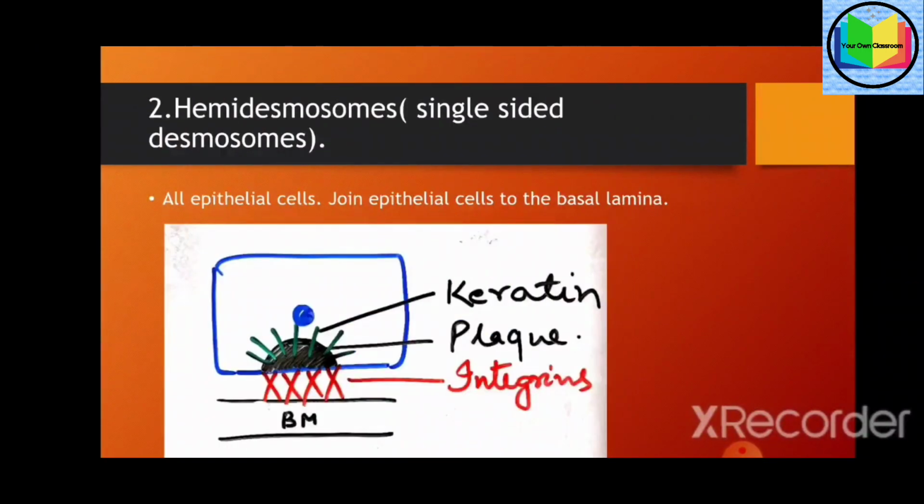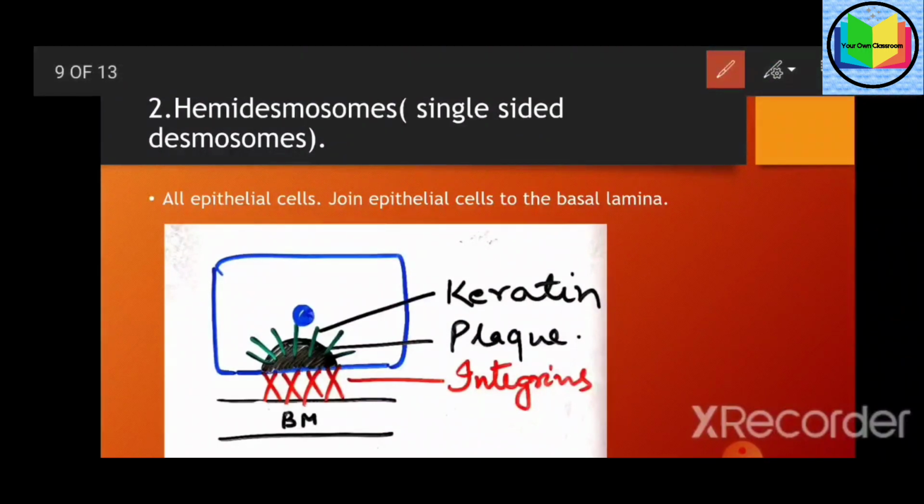Now we'll talk about hemidesmosomes. Hemidesmosomes are also referred to as single-sided desmosomes, and these are present in almost all the epithelial cells. They help in the joining of epithelial cells to the basal lamina of the basement membrane. That's why I taught you about the basement membrane in the beginning. As you can see here, this is one epithelial cell sitting on a basement membrane.